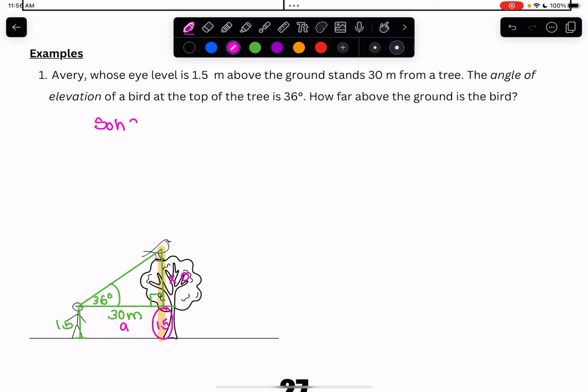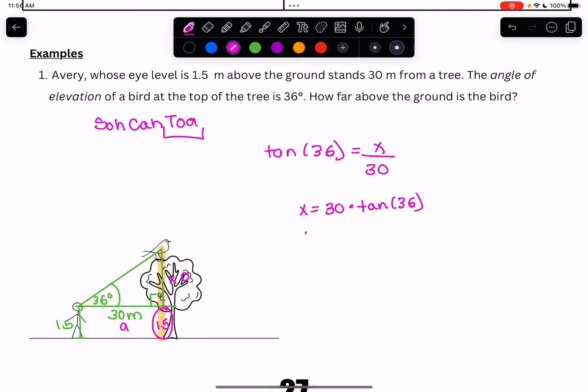So, SOH CAH TOA. I don't have the hypotenuse, so I'm going to be using tangent of 36 is equal to my opposite x over my adjacent 30. Cross multiply: 30 times tangent of 36.